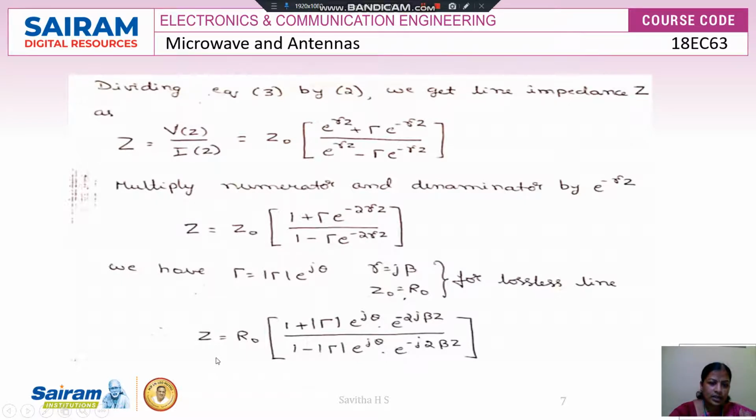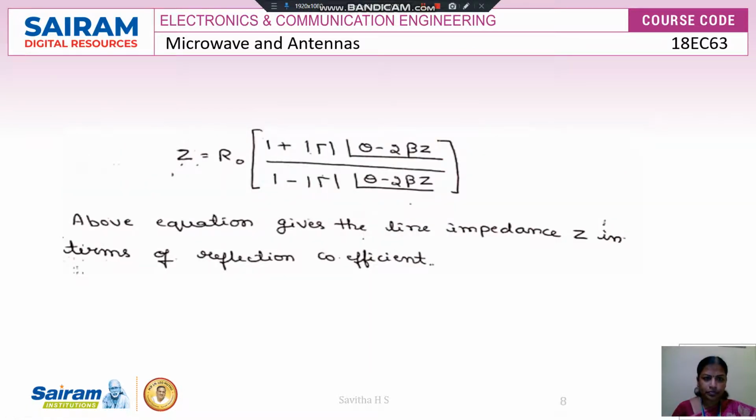So now Z is equal to, instead of Z naught, we write R naught times 1 plus the magnitude of the reflection coefficient e to the power of j theta e to the power of minus j 2 beta Z, divided by 1 minus the magnitude of the reflection coefficient e to the power of j theta e to the power of minus j 2 beta Z. So Z is equal to R naught times 1 plus the magnitude of the reflection coefficient at angle theta minus 2 beta Z, divided by 1 minus the reflection coefficient at angle theta minus 2 beta Z. This equation gives the line impedance Z in terms of the reflection coefficient.